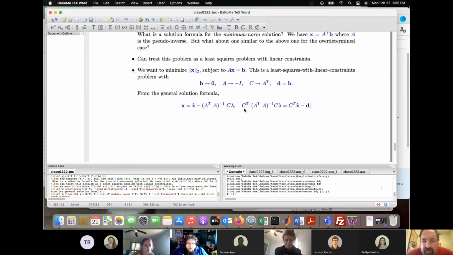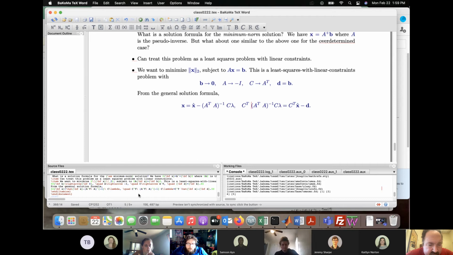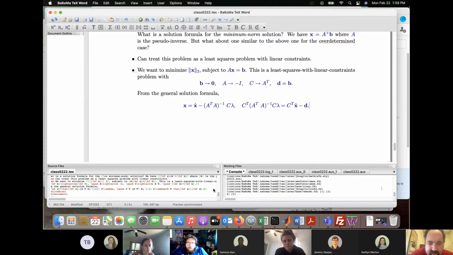So I need to use these solution formulas and just make all the appropriate substitutions.